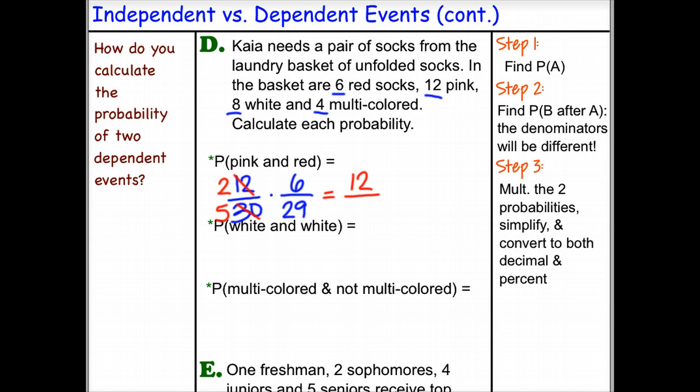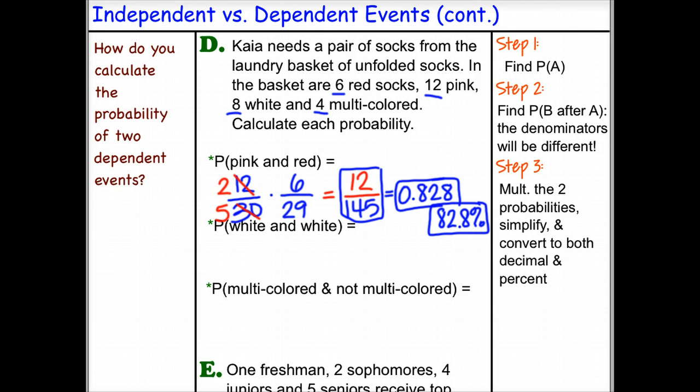And then I take 5 times 29, which is 145. 12 divided by 145 is going to be equal to 0.828, which is an 82.8% chance that we are going to pick out a pink and then a red.